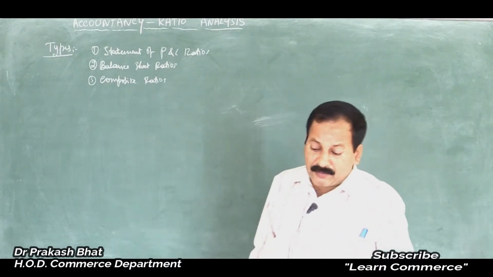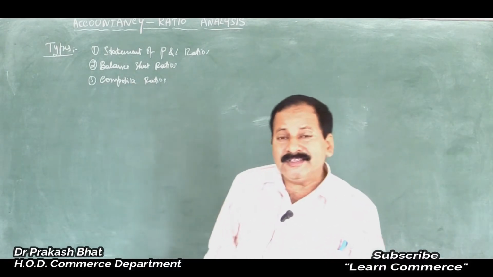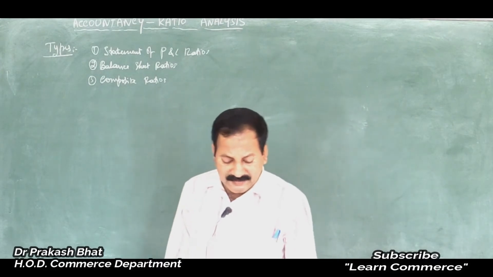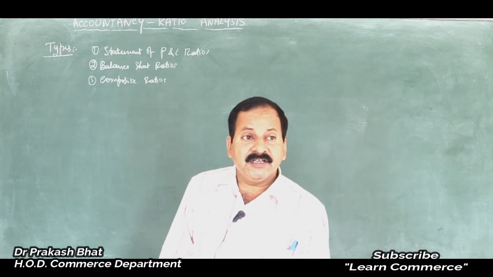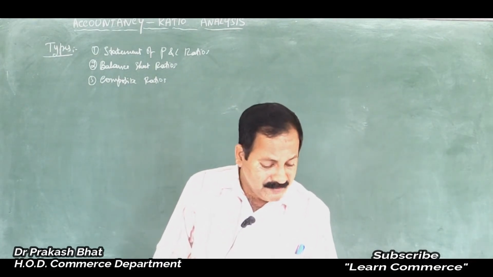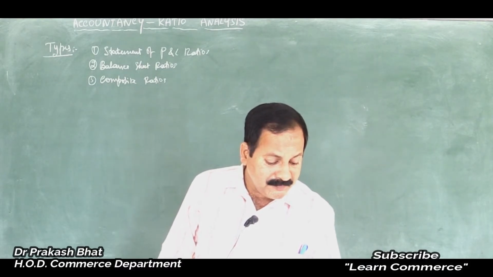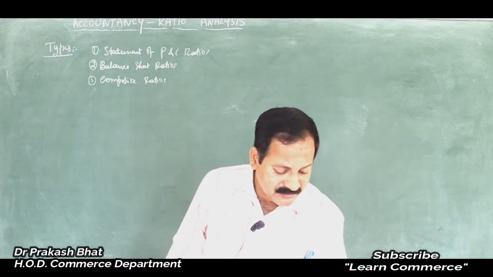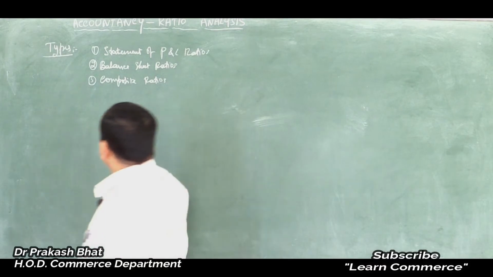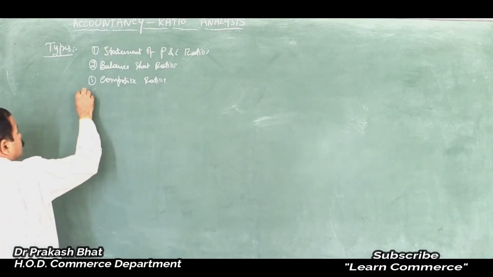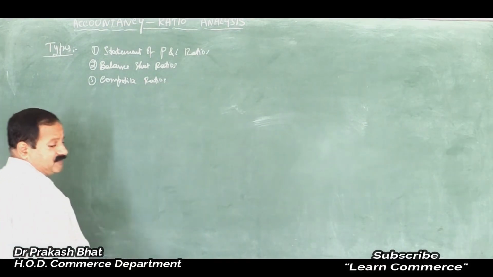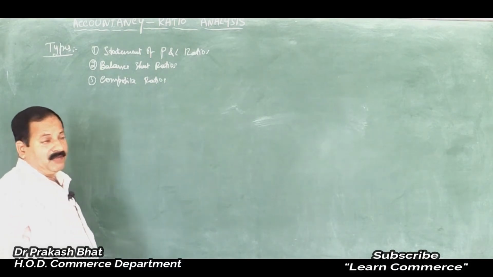But nowadays the management wants to know the liquidity, profitability, solvency, all these aspects especially, or activity or turnover. So now we will classify the ratios on the basis of this, that is the recent, new classification.